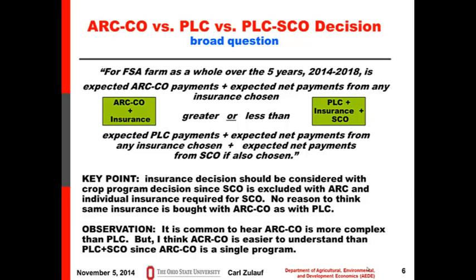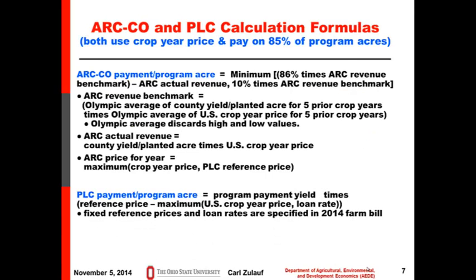If you're going to think about PLC and SCO, you've got to think about two separate programs, and you've got to think about how they interact with one another, whereas ARC-CO is a single program, and you interpret it as a single program, and that makes the interpretation and the understanding of the program that much simpler. So be cautious about thinking that ARC-CO is more complex than PLC when you add SCO into the decision matrix.